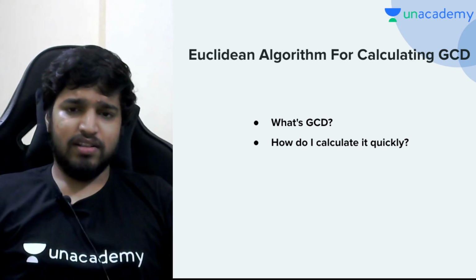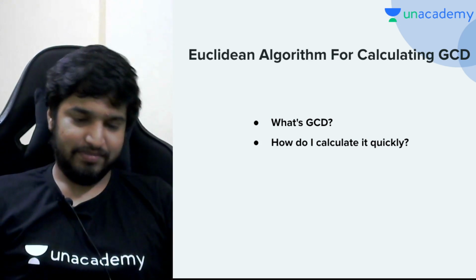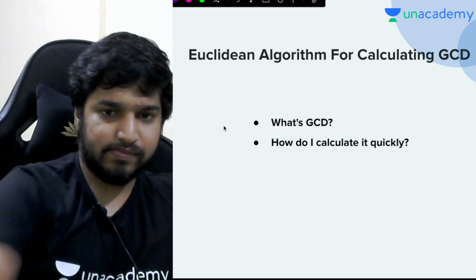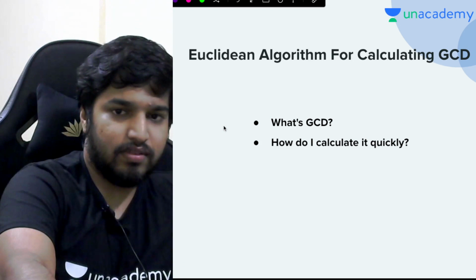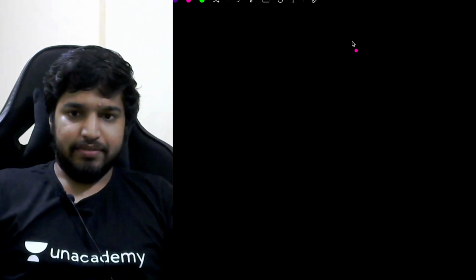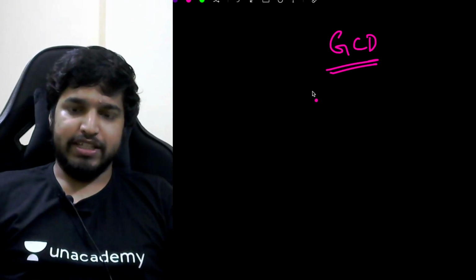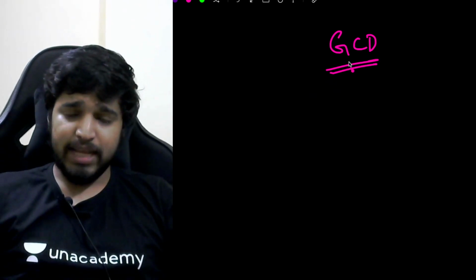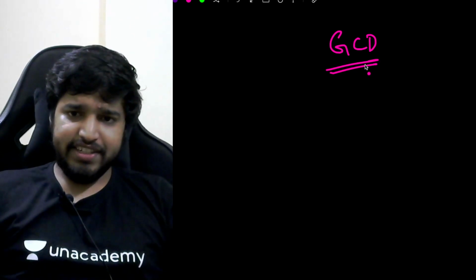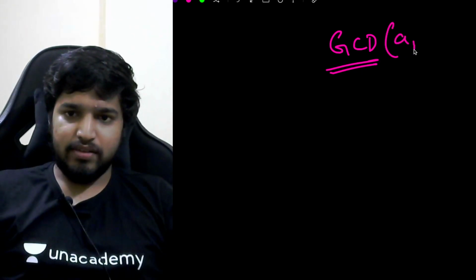So first of all, what's GCD? GCD is the greatest common divisor. As the name suggests, GCD is defined for two numbers, a comma b.